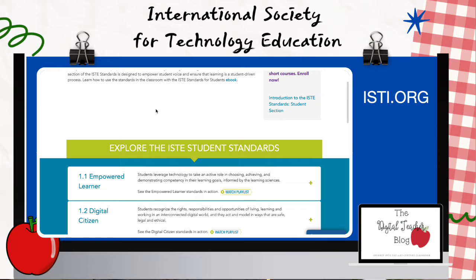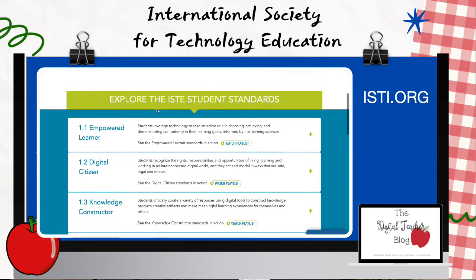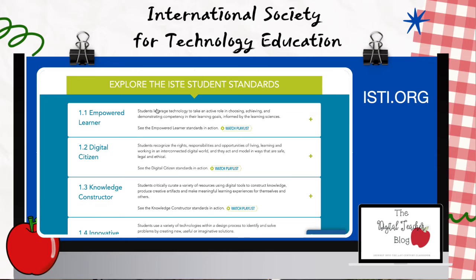The student section of the ISTE standards is designed to empower student voice and ensure that learning is a student-driven process. So we're going to look at the standards in the classroom with the ISTE standards, and there's an ebook that you're welcome to purchase. You can also be a member of ISTE or a non-member, and there are different prices for that. But what we're going to do is explore the student standards.